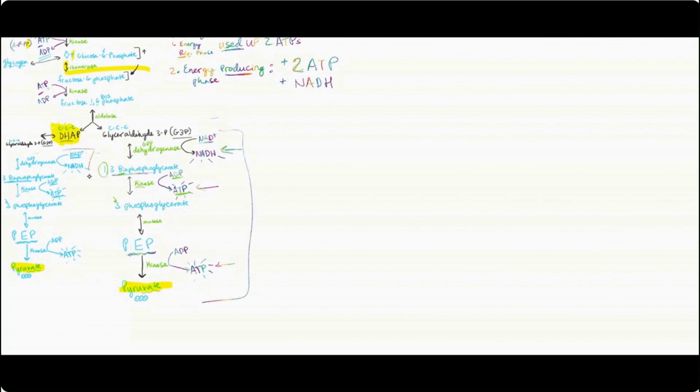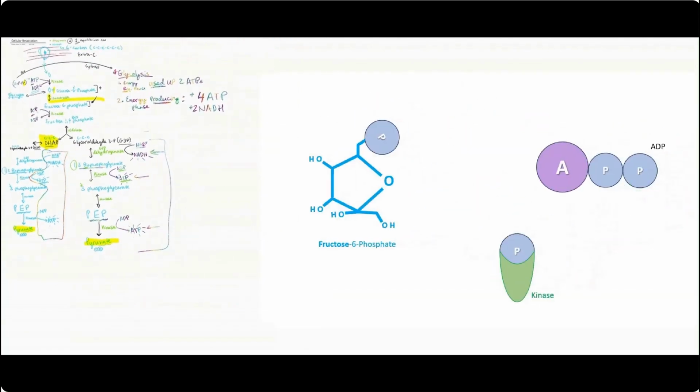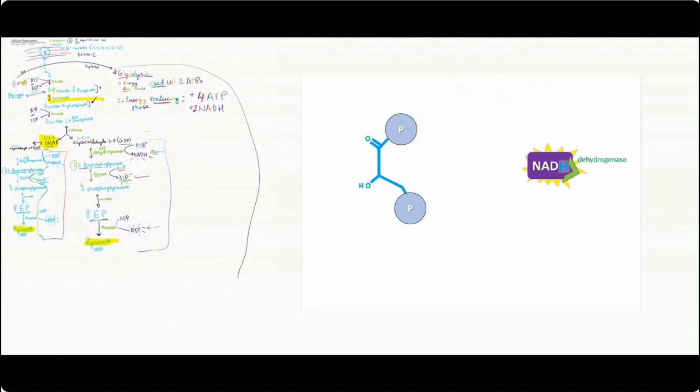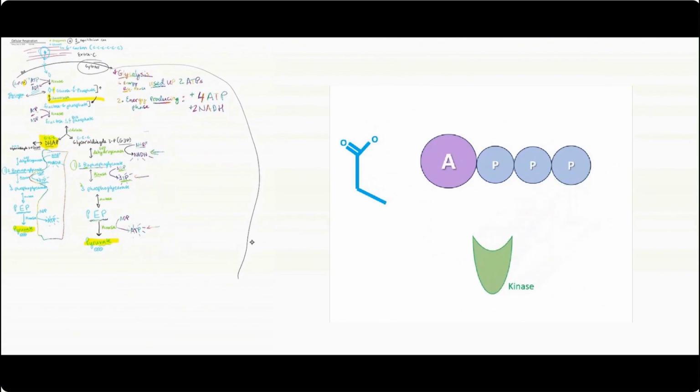The same thing happens over here as well, right? So that actually means we have a total of 4 ATP and 2 NADHs by the end of this part of the process. Does that make sense? So that is glycolysis, and again, this all takes place in the cytosol of a cell. Now that we have our pyruvate molecule, there are a couple of options, all right?